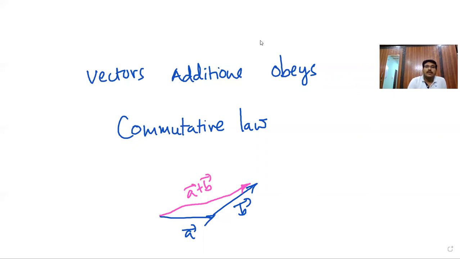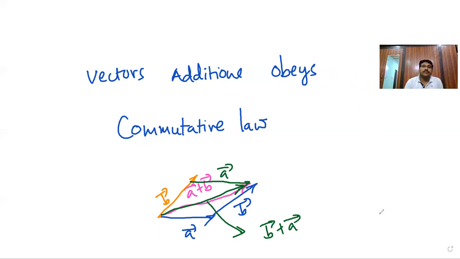Similarly, here, if this is B bar, and if I want to add this A bar, then again showing the same resultant from here to here, that becomes B bar plus A bar. Okay, right.